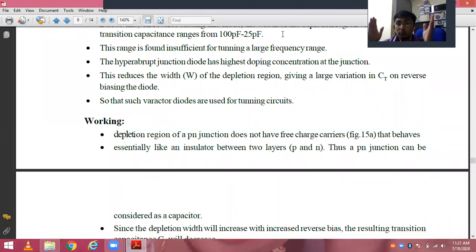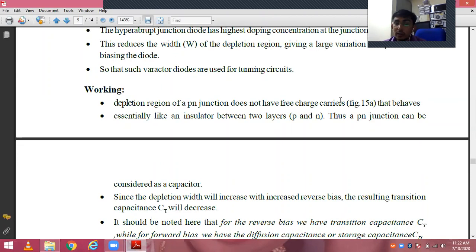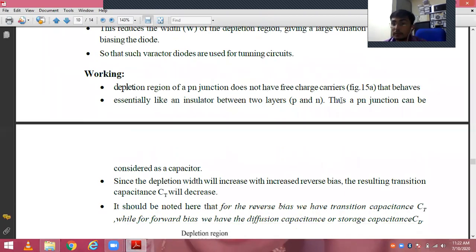The p-type and n-type materials can act as two layers. So we can say that the depletion layer with no free charge carriers behaves as a dielectric material, and the p-type and n-type layers act as two plates, and thus a PN junction can be considered a capacitor.